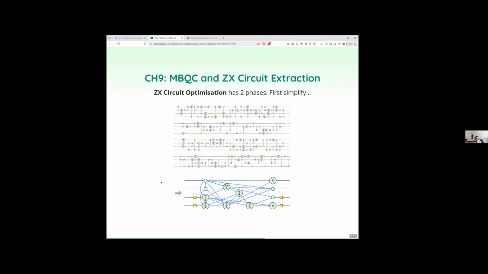Okay, so the way we originally started doing circuit optimization with ZX calculus was in 2 phases. The first was simplification. So this was taking some circuit and applying a simplifier to it, reducing it to some kind of normal form, or at least some minimal form, and then doing some circuit extraction.